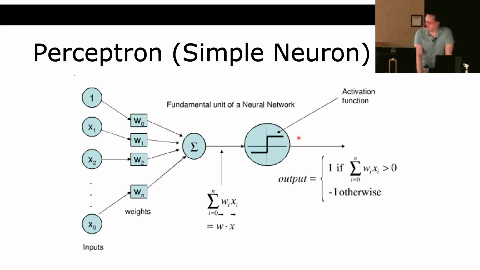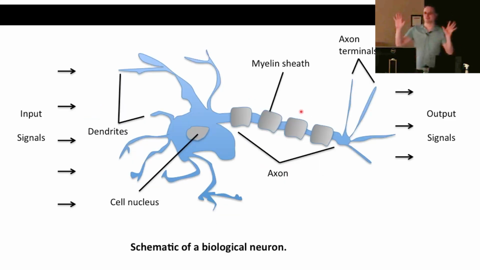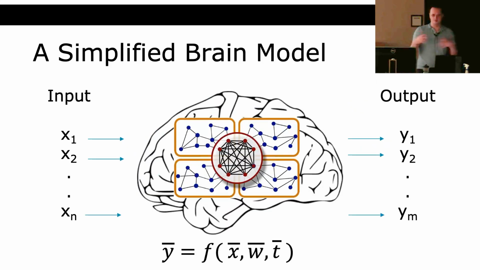And we can see now that this sort of looks like an actual neuron, right? We've got the inputs over here on the left, an output over here, and some magic going on in the middle. That's as much as I'm really going to say about it. If we want to take a very simplified model of the human brain, we have a bunch of these things put together in some sort of network.